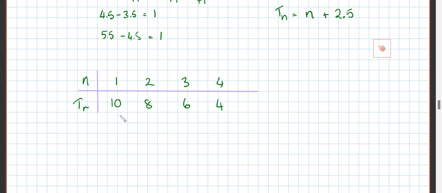So this one takes you a little bit above the level that we need to reach this year, but it's fine. What's the common difference? What do we add on every time? -2. So we can either think of it as adding -2, or we can say we are subtracting 2. Okay, good.